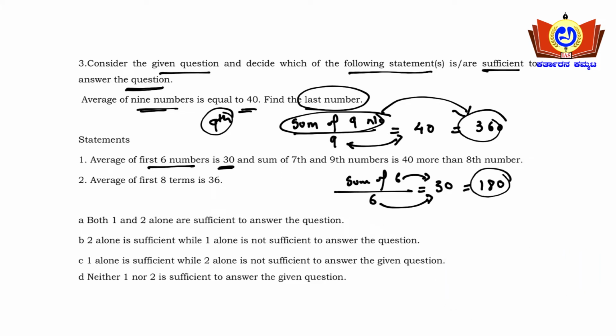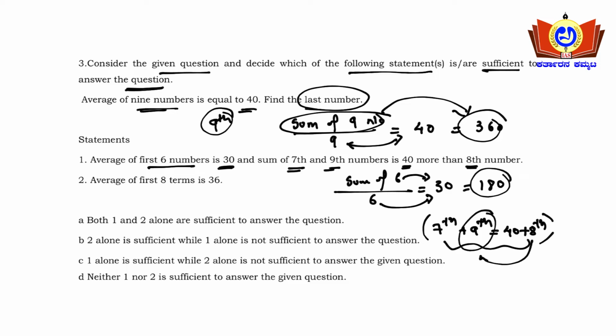The sum of the 7th and 9th number is 40 more than the 8th number. That is, when you add the 7th number plus the 9th number, that equals 40 plus the value of the 8th number. From this we can find out the 8th number, my dear friends. The 9th number we will not be able to find out here.